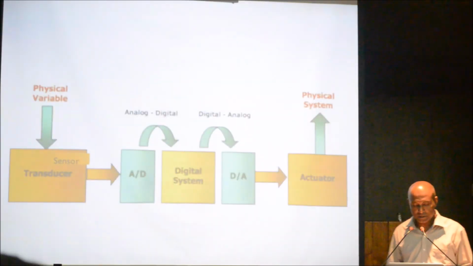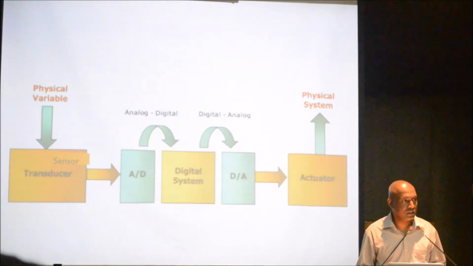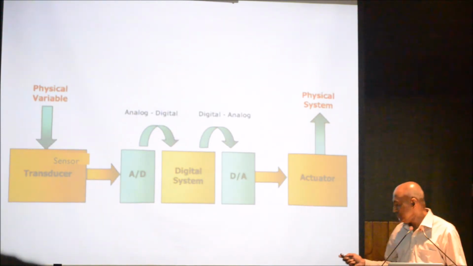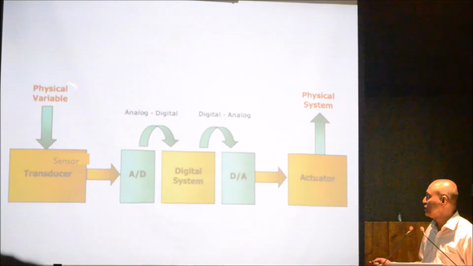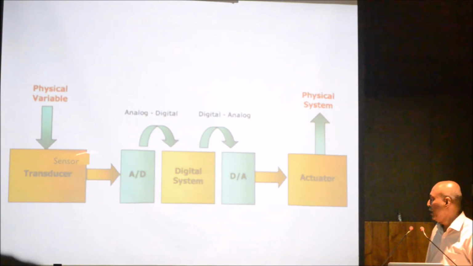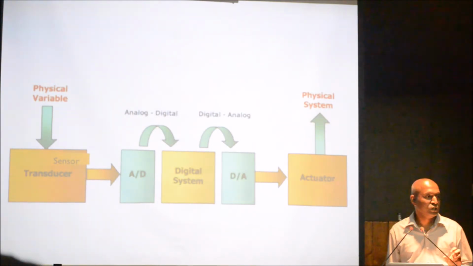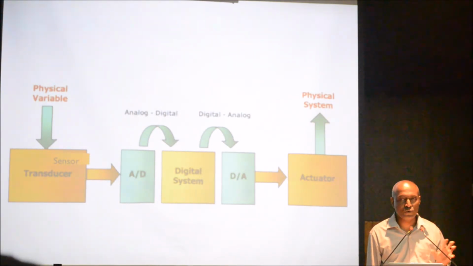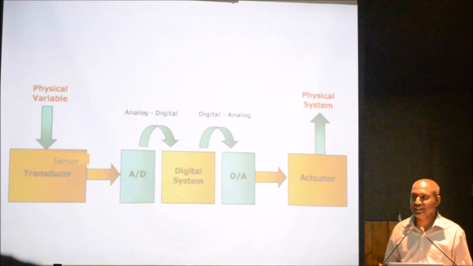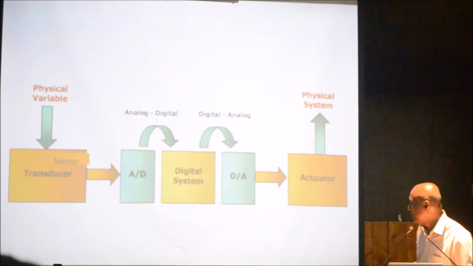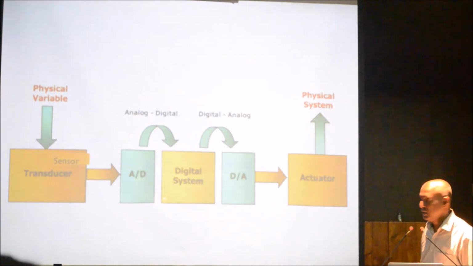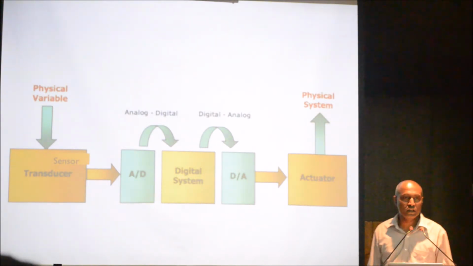Right. When you look at the whole system as it is, you could see that we sense the physical variable from the sensor, and then we convert that to digital values. Why we convert it to digital values is that digital values are mainly needed for us to take decisions. Right? Once we take the decisions in the digital system, we convert them back to an analog signal.